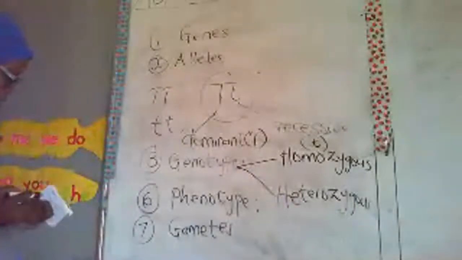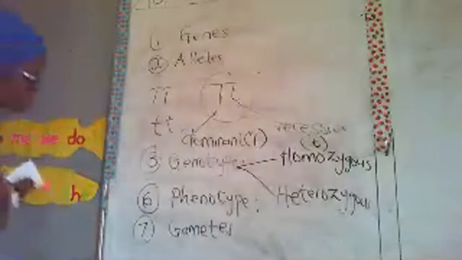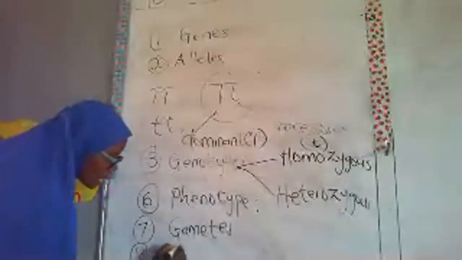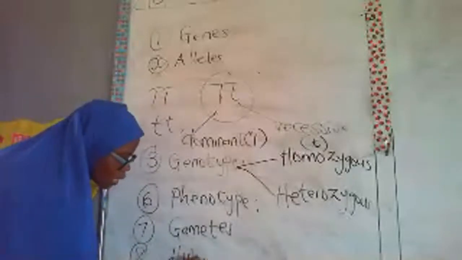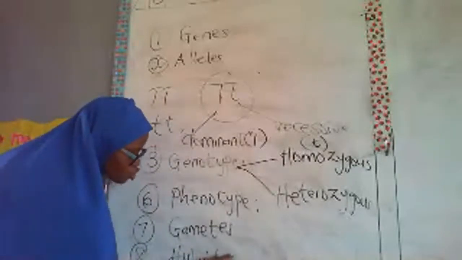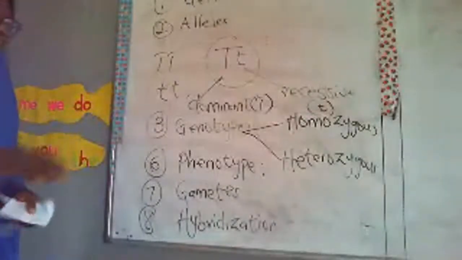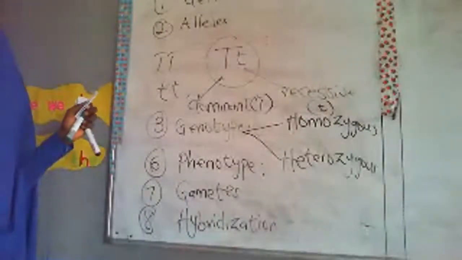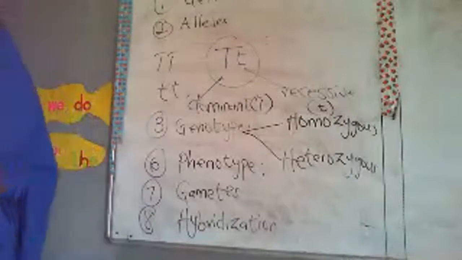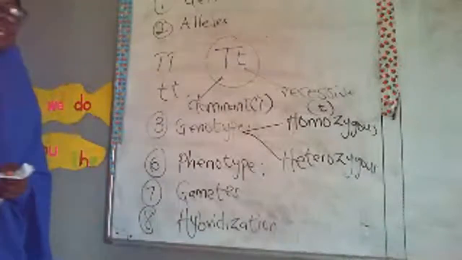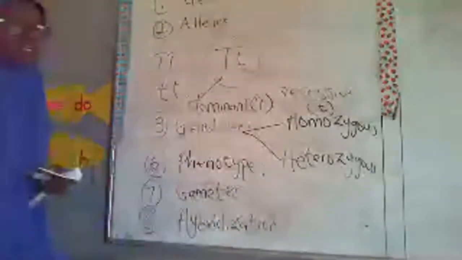Now, the next thing we are going to talk about is hybridization. What is hybridization? Hybridization is the crossing of parents with unlike traits. When you cross parents with unlike traits, that is hybridization.